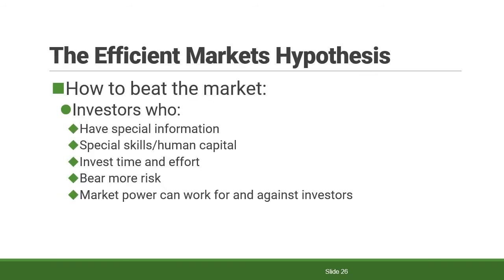More often than not, there are certain groups, particularly private firms and private individuals, who end up being able to beat the market. These are investors who have special information, special skills, or human capital, invest time and effort, and bear more risk, and where market power can work for or against investors.